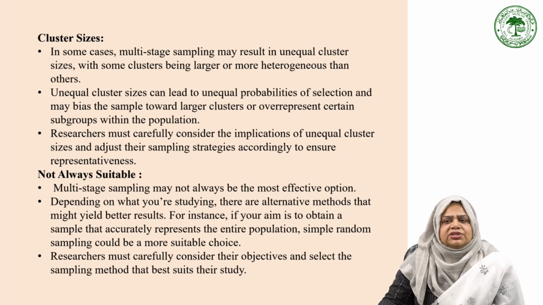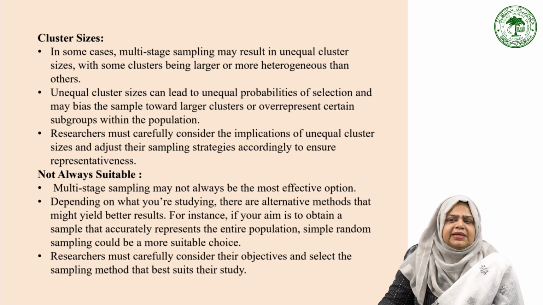Another disadvantage of multi-stage sampling is its potential for clusters of different sizes to occur. This means that some clusters may be larger or more diverse than others. The problem with unequal cluster sizes is that it can result in unequal chances of being selected for the sample.